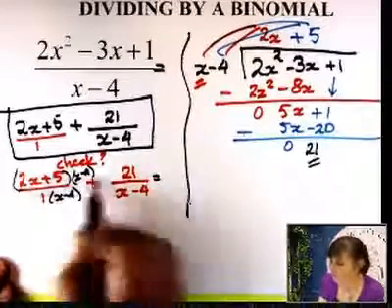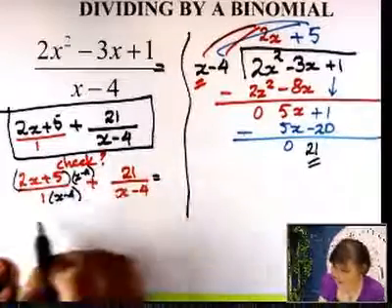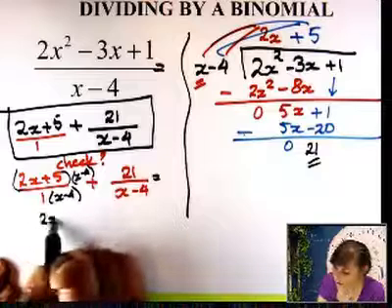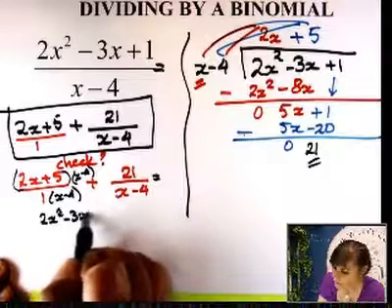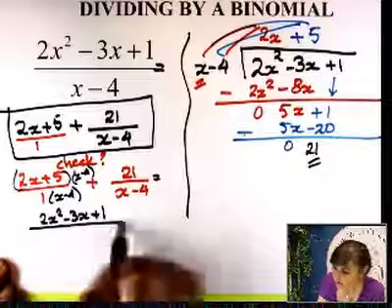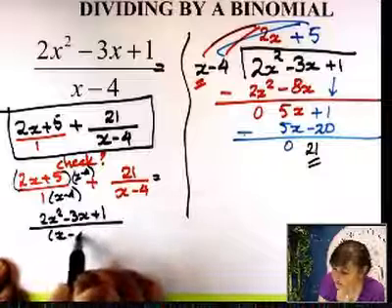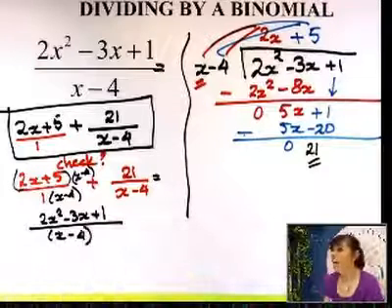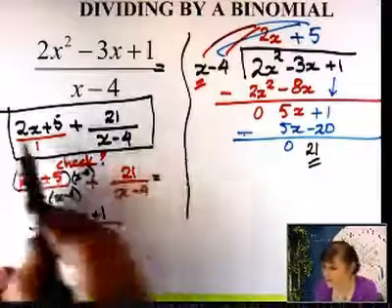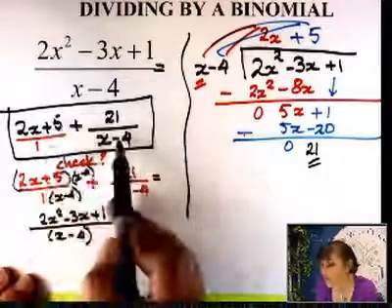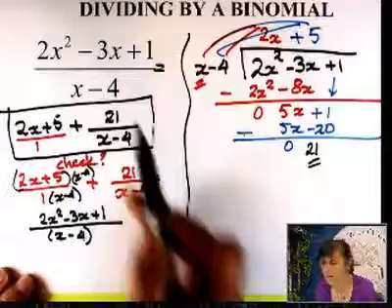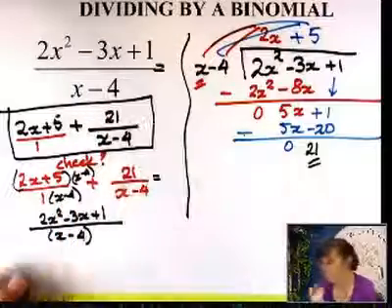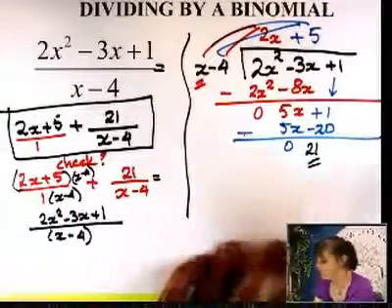When you do that, you FOIL it out and add this in, and you will actually get 2x squared minus 3x plus 1 divided by x minus 4. So this is how you check. You put it in the same denominator and add the top up. If it gives you the initial question, then you're all done.